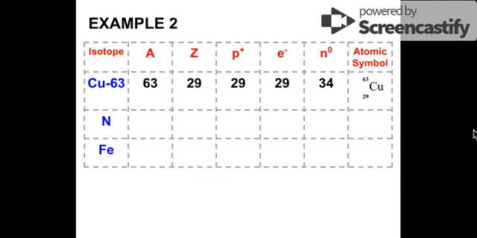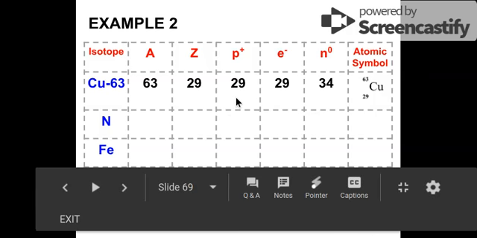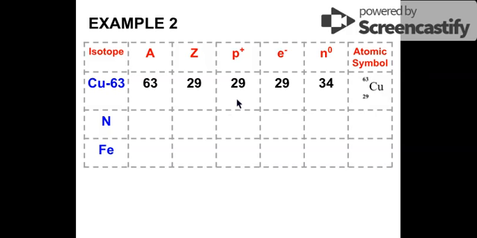So it's important that you look at the periodic table so that you would know the atomic number of the element. And because the atomic number is equal to the number of protons, the protons is also 29. And because protons is equal to electrons in a neutral atom, electrons is also 29.